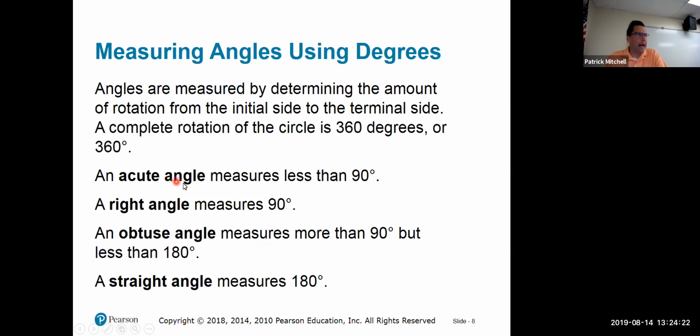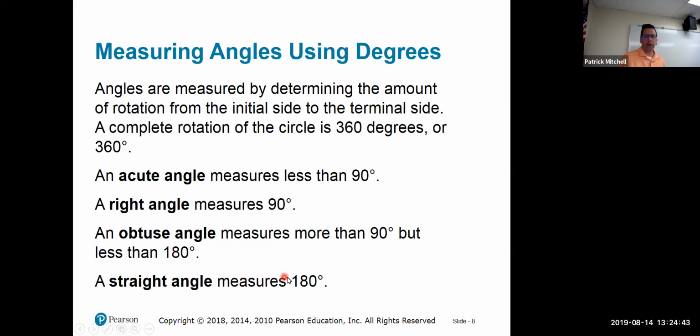and I made all my angles positive, then your acute angle, the terminal side, would be in quadrant 1, right? A right angle measures exactly 90 degrees, so that's an example of a quadrantal angle. And then an obtuse angle, the terminal side would be in quadrant 2, okay?